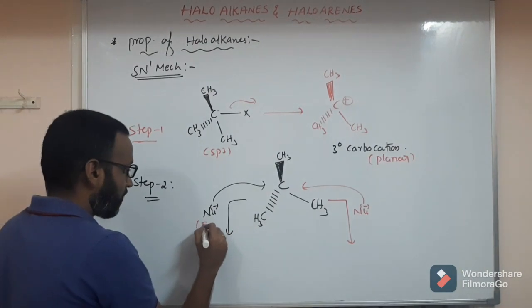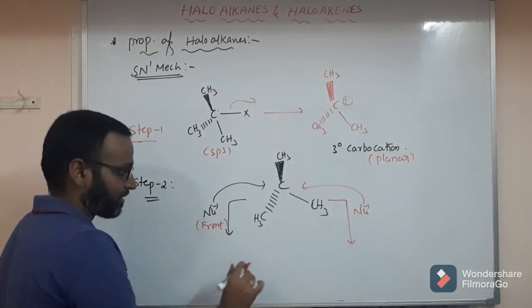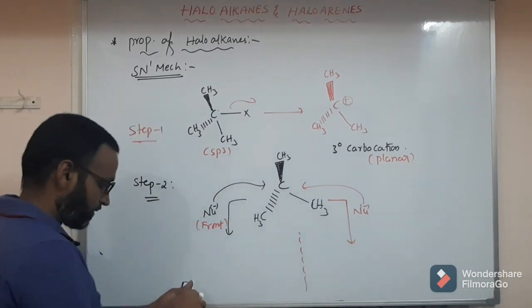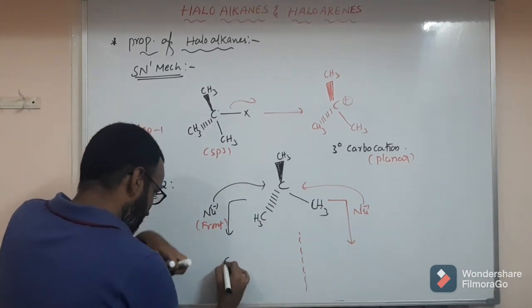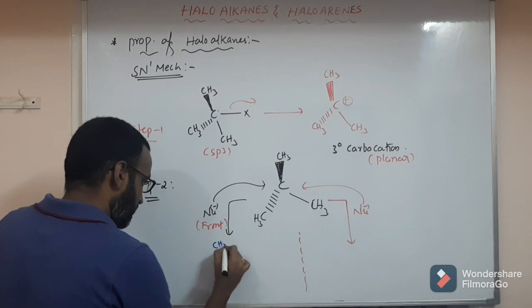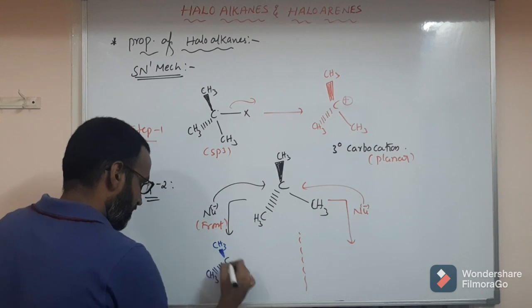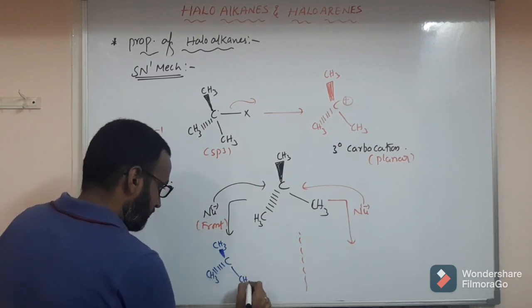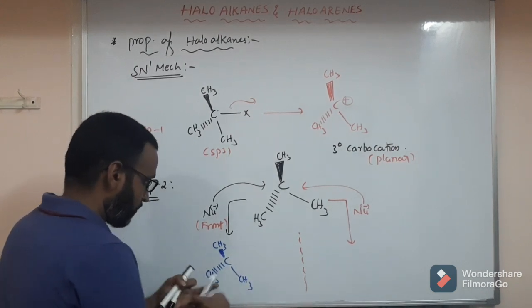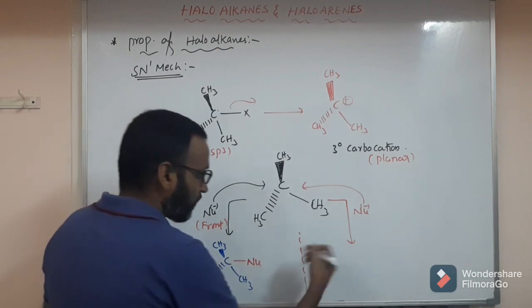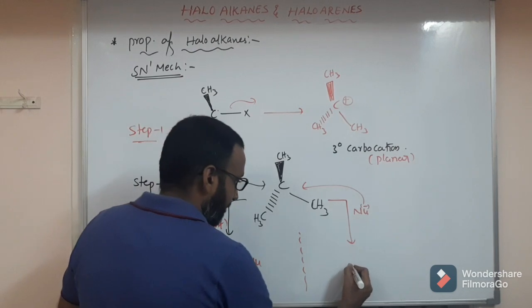Suppose this is a front side approach. Imagine like that, so my work will be easy for you. Now suppose this carbon is approached from the front side, and here you have a methyl, and here a methyl, and this nucleophile is coming from the front side, like this. Now the nucleophile approaching from the back side.